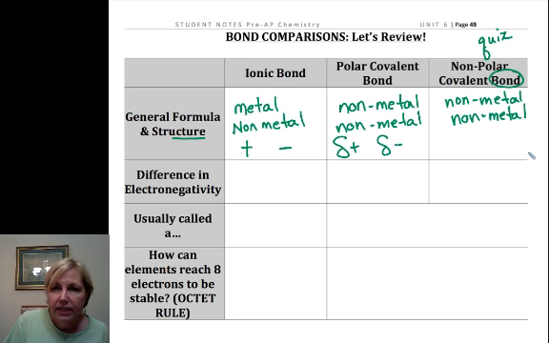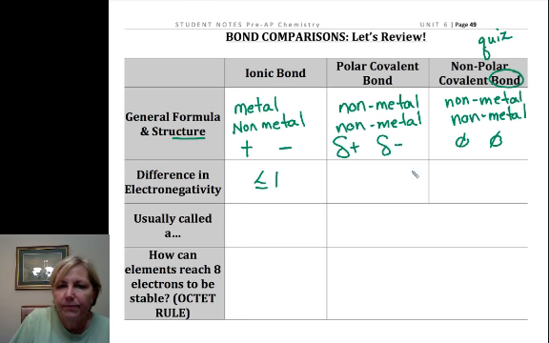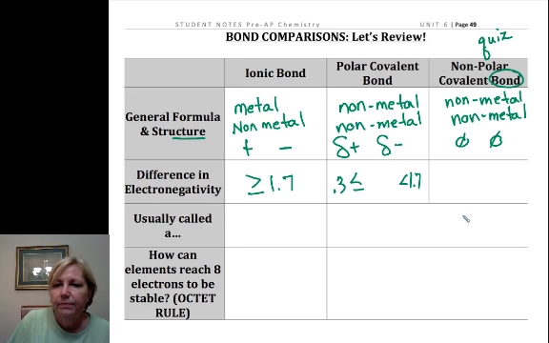There's no pull of electrons. The difference in electronegativity here is greater than or equal to 1.7. For a polar covalent, it's going to be greater than or equal to 0.3, but less than 1.7. And here, it's going to be less than 0.3.